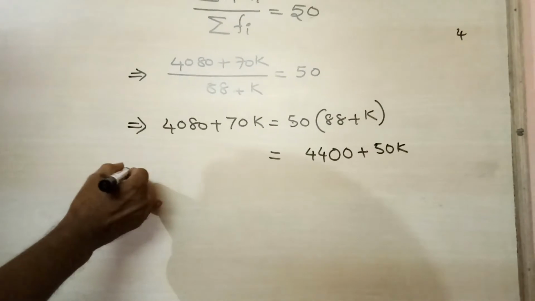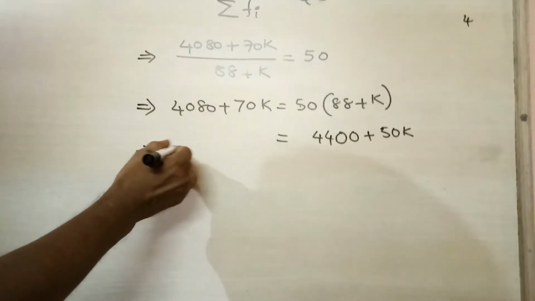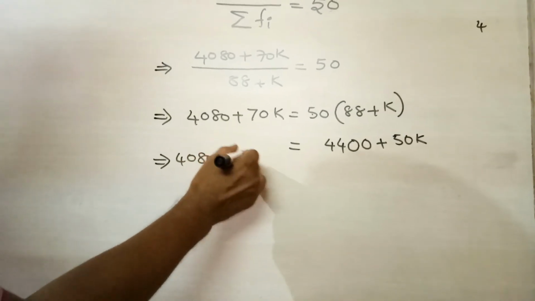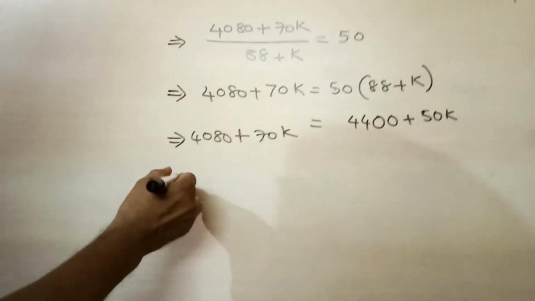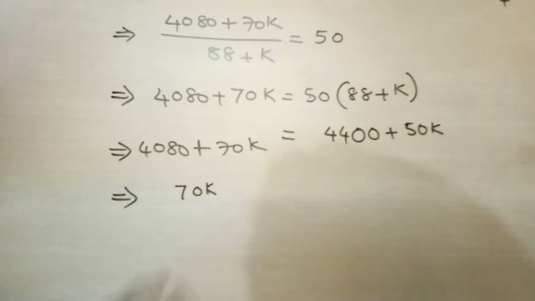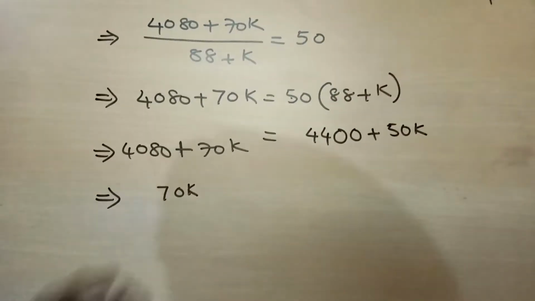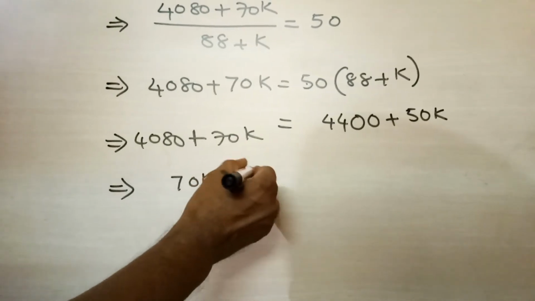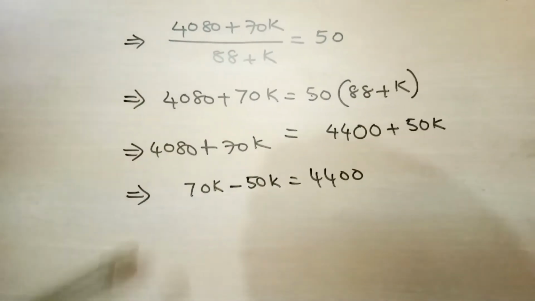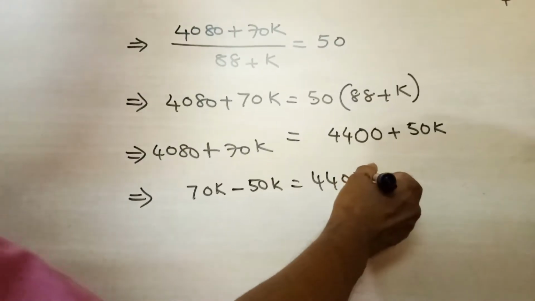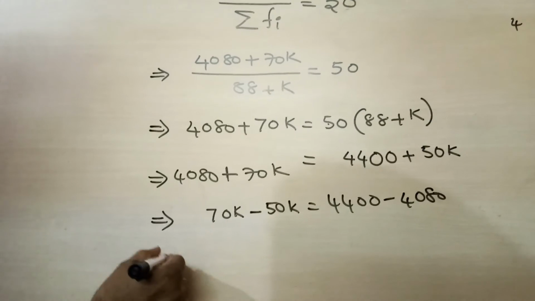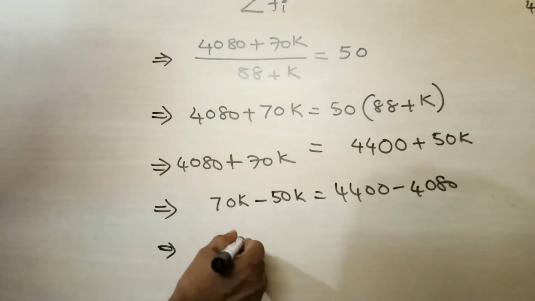The left-hand side is 4080 plus 70k; write 70k as it is. Bring this 50k to the left side, minus 50k. Send 4080 to the right side, minus 4080. Here 70k minus 50k is 20k.